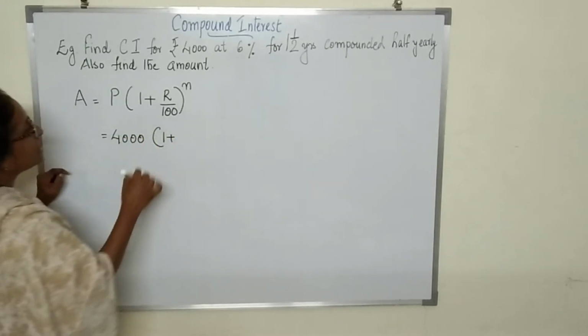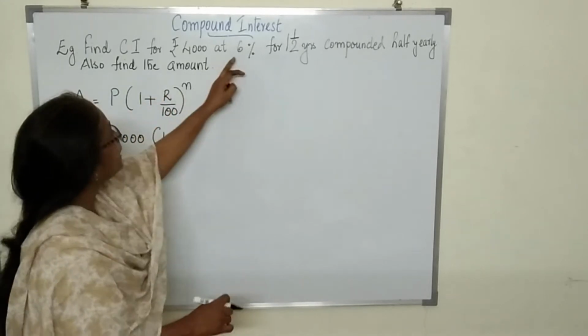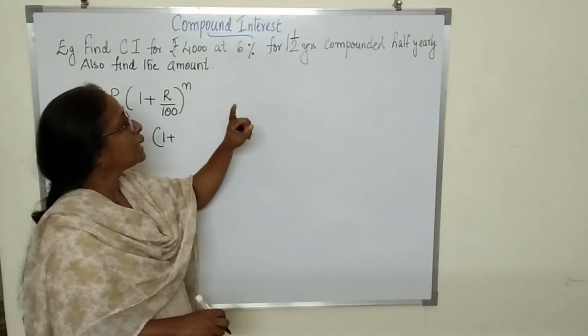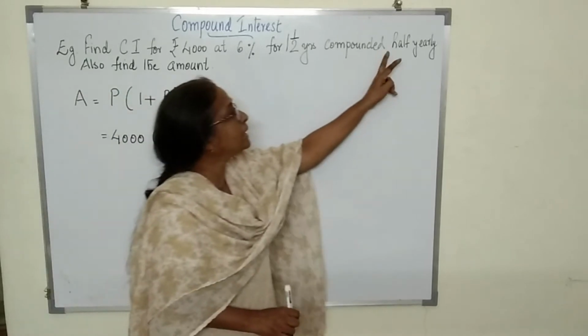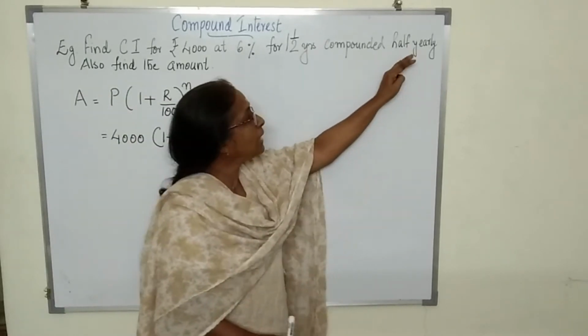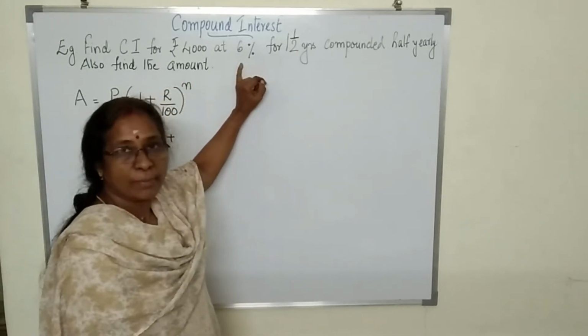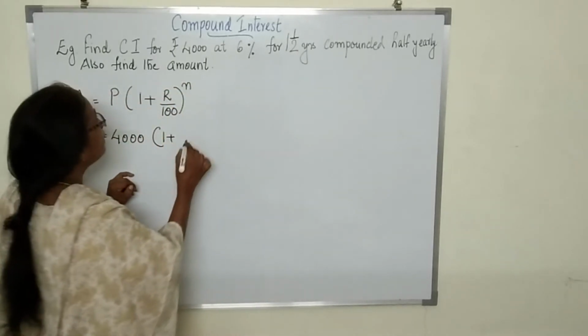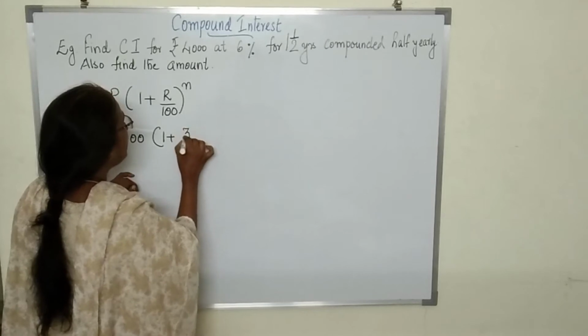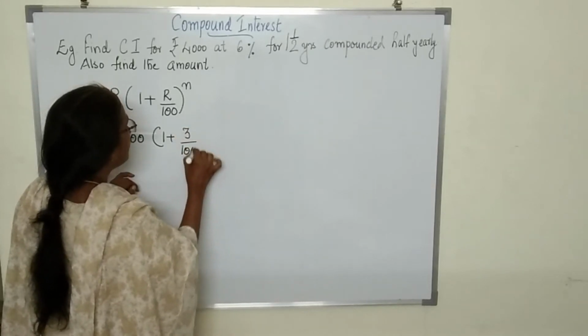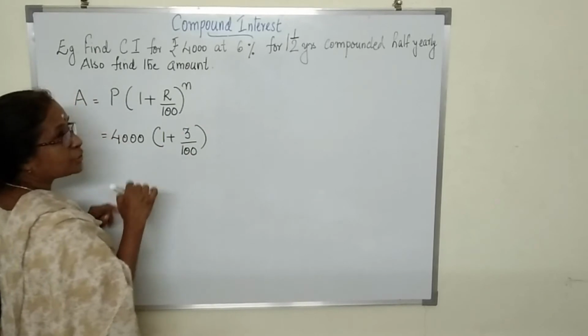R is 6% annually, but we are going to calculate it half yearly. When it is calculated half yearly, the rate of interest also becomes half. So it will become (1 plus 3 upon 100) whole raised to N.